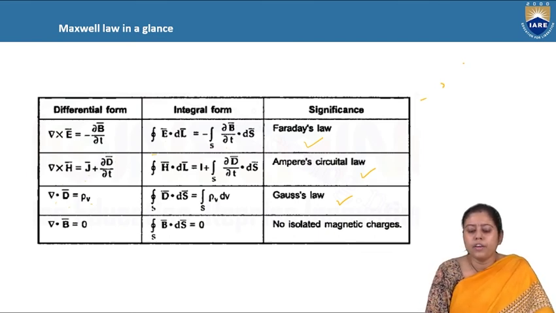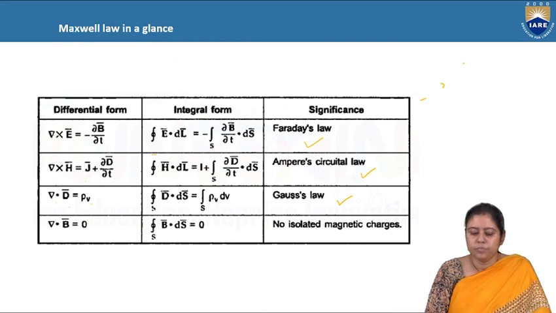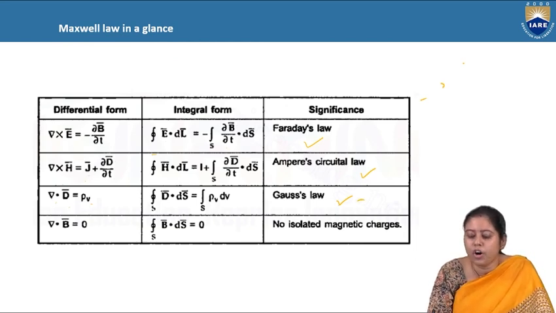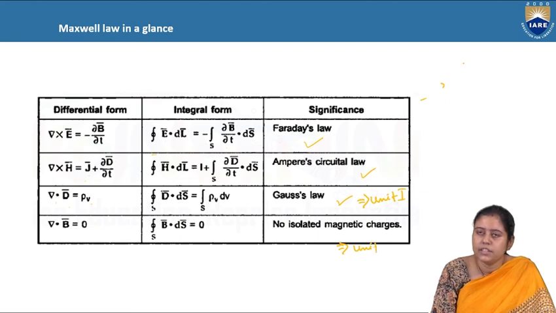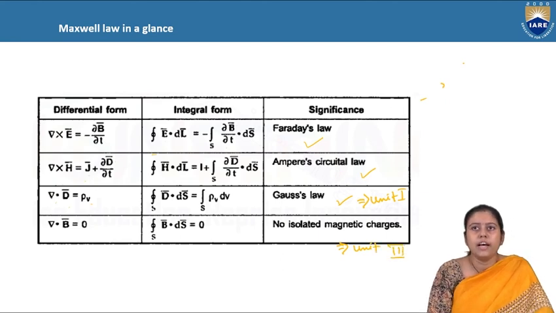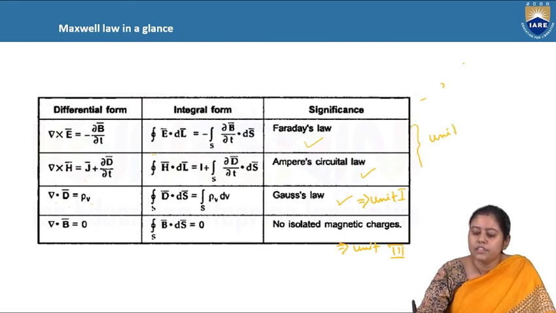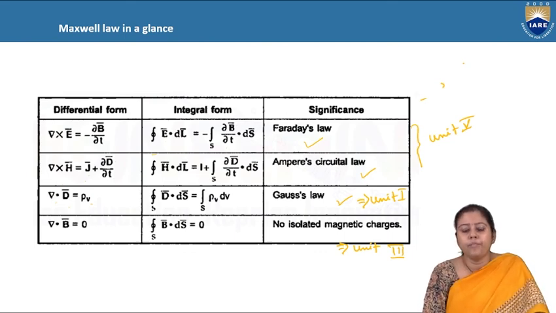If grad dot B is equal to 0, then the integral of B dot ds is also 0. This is the Maxwell's first equation. We got it from unit 1 and unit 3. We have done this proof in the previous two chapters, and both are discussed in unit 5. So these are the main important ones.